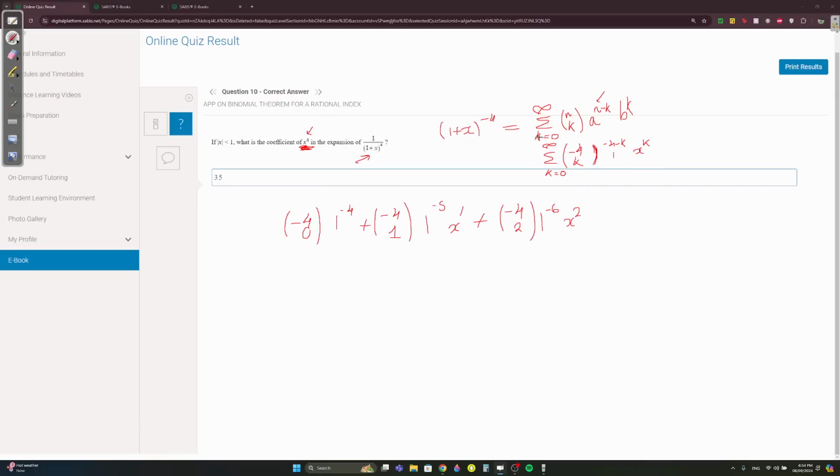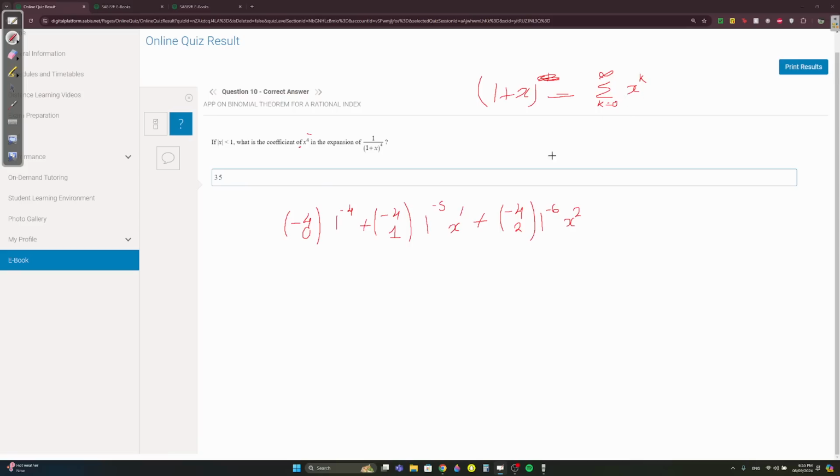Like I told you guys, you can just take this one outside, and we can actually rewrite all this formula as 1 plus, okay? Whenever you have this 1 plus x to the power of negative whatever, the rule is sum k equals 0 to infinity, and it's just x to the power of k.